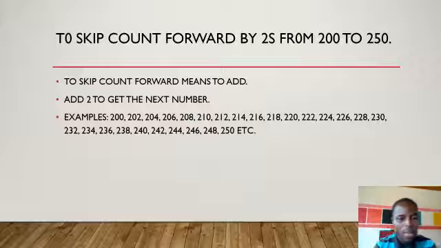So we started the journey from 200 and kept on going forward, adding what number? 2 to the current number that we are having, and we have ended at 250. This now is very interesting. If you are having 2 bottle tops, you add 2 to it.